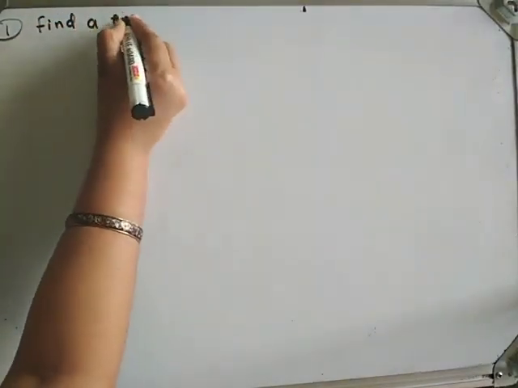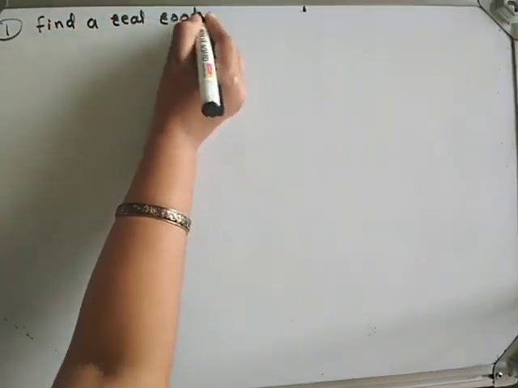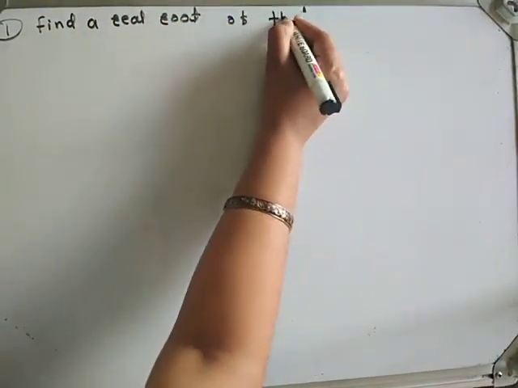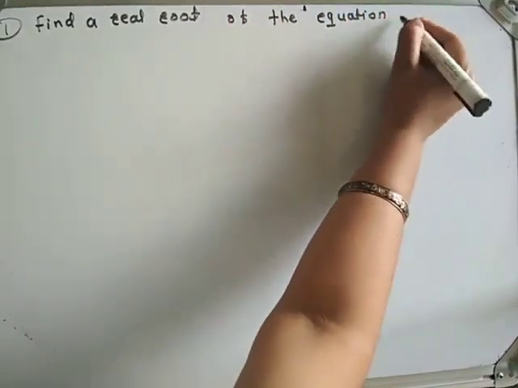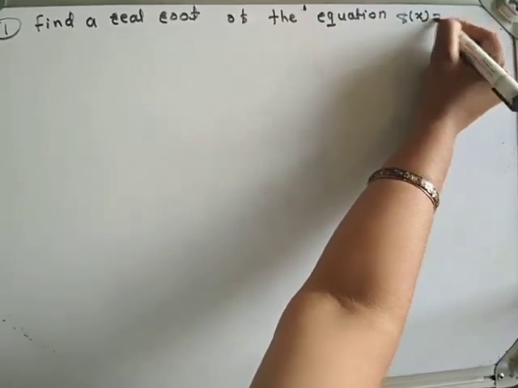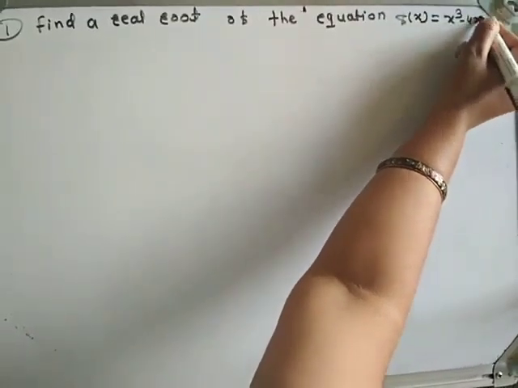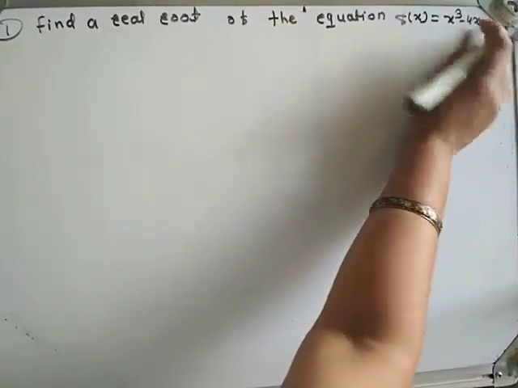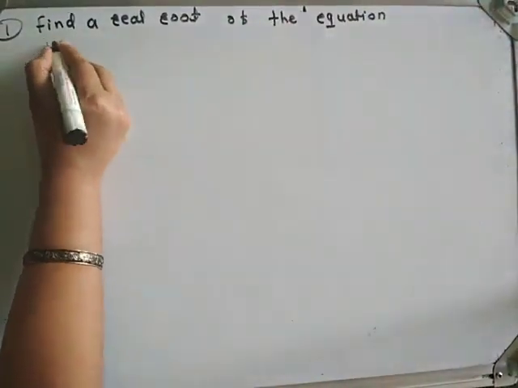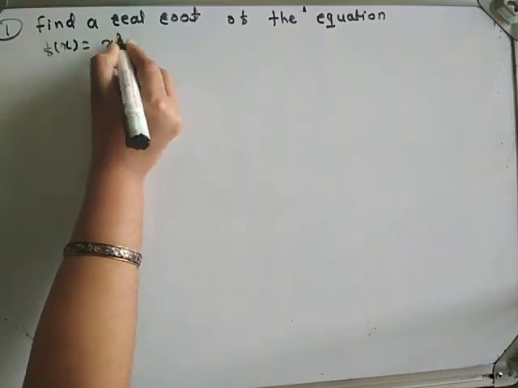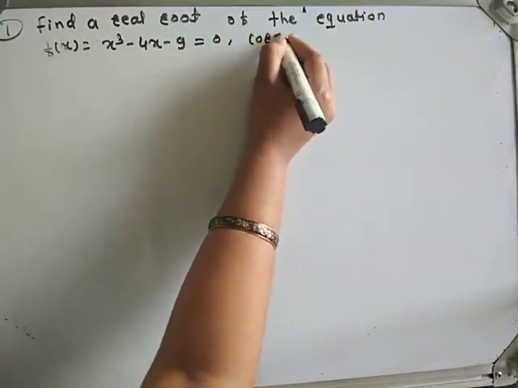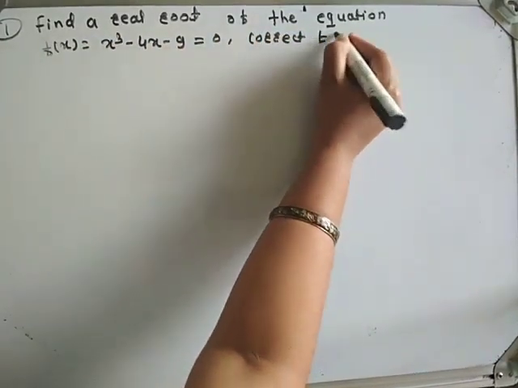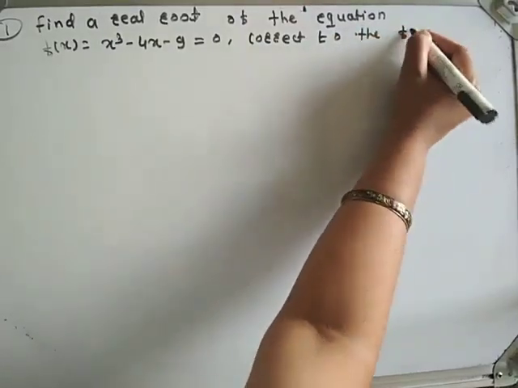Find a real root of the equation f of x equals x cube minus 4x minus 9, that is, x cube minus 4x minus 9 equals 0, correct to 4 decimal places.